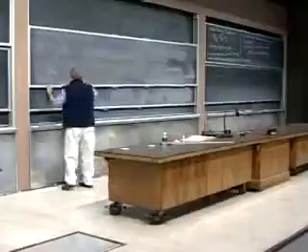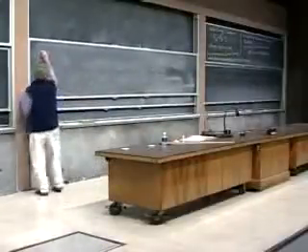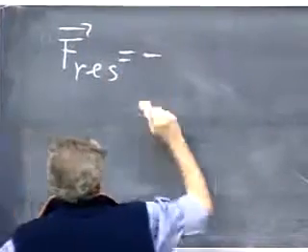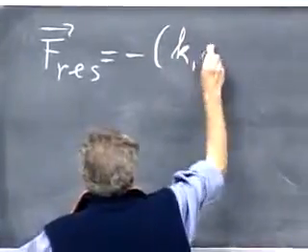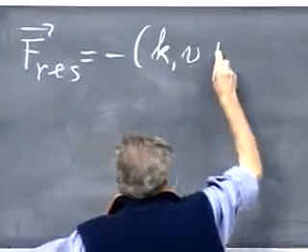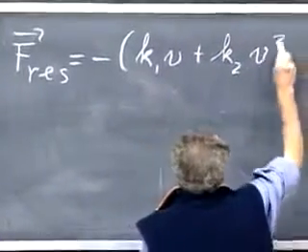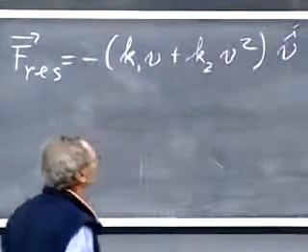If an object moves through a medium, air or a liquid, there is a resistive force which always opposes the velocity. It has two terms: k1 times v, this is the speed, this is always positive, plus k2 times v squared, and this is the unit vector of the velocity.